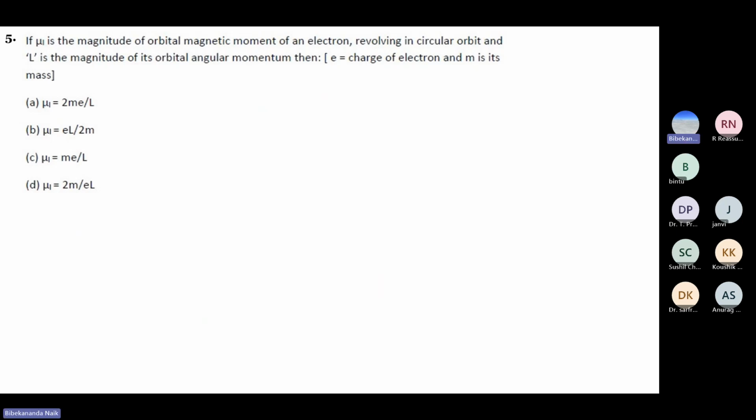The options are: A, mu L equals to 2me by L. Option B is mu L equals to eL by 2m. Option C is mu L equal to me by L. And option D is 2m by e into L, where mu L is the orbital magnetic moment and L is the orbital angular momentum.